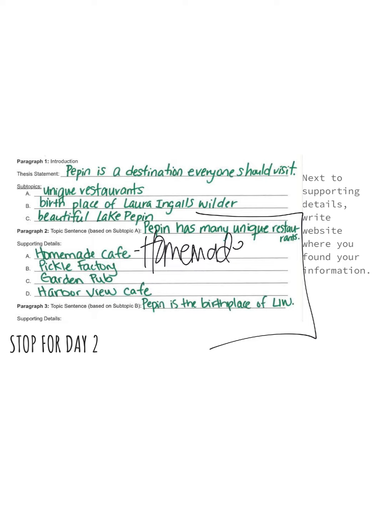So homemade, I found it on homemadecafe.com. And just write the website. Wherever you found the information, I'm writing it down. If all of these are the same, just write all are the same. If every single bullet point has a different one, you have to write a different website for each one.